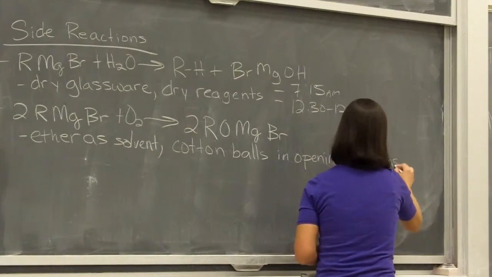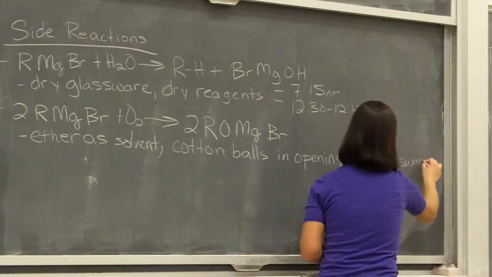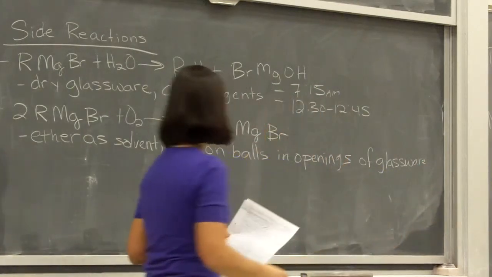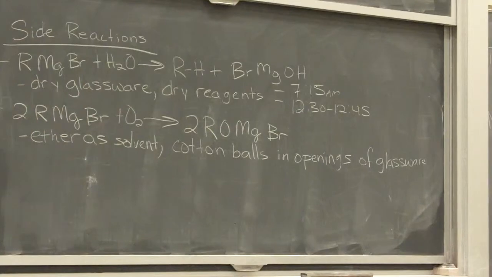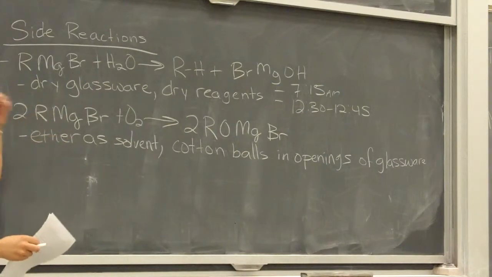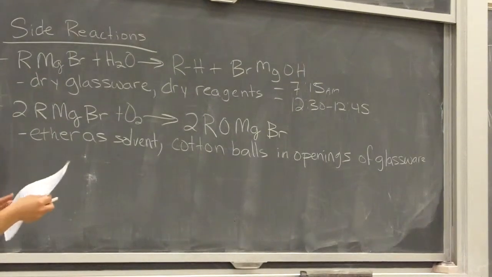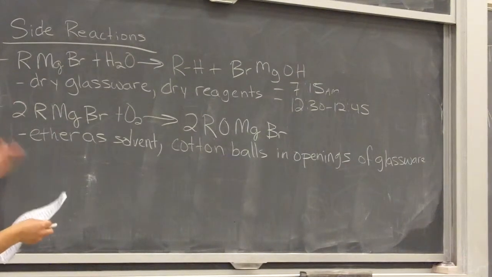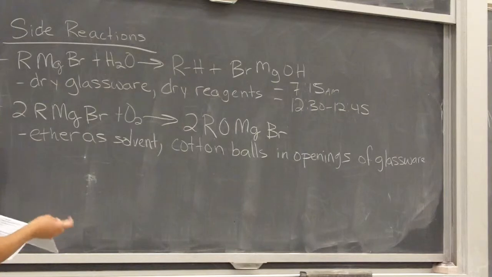And in a minute here, I'll show you with the setup, we're even going to keep a couple of those cotton balls in the glassware itself when you're setting up your apparatus, okay? So we're going to keep oxygen out as much as possible. We don't want any oxygen flowing through that reaction.